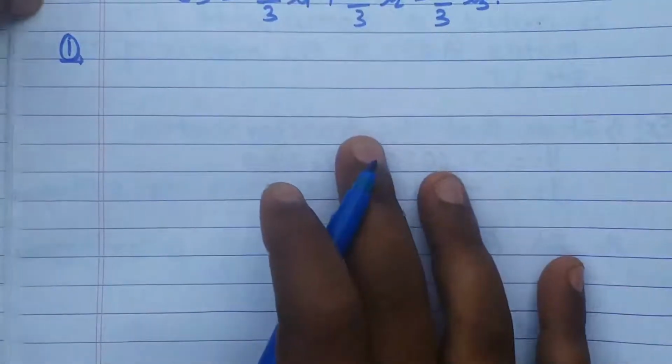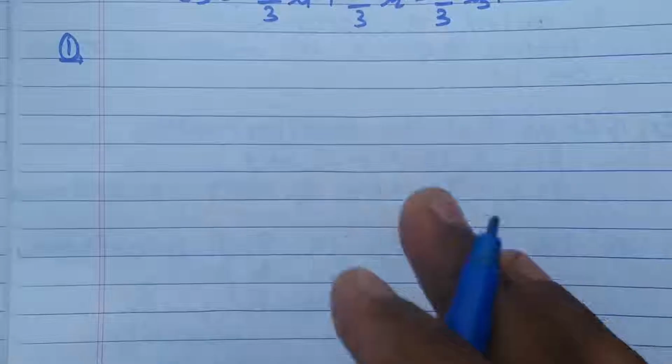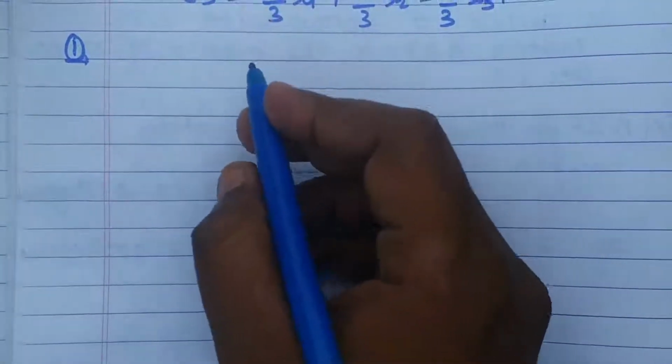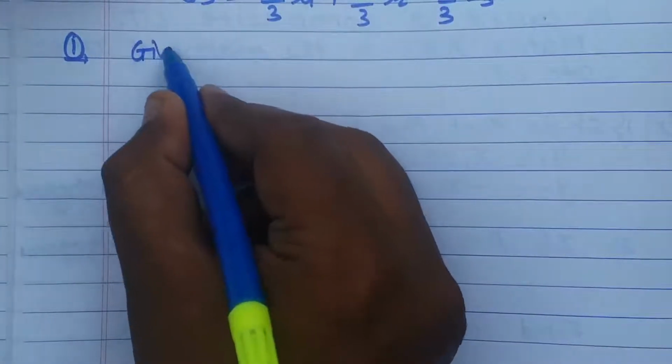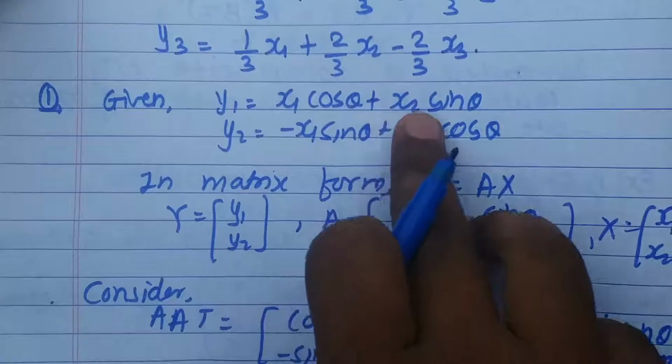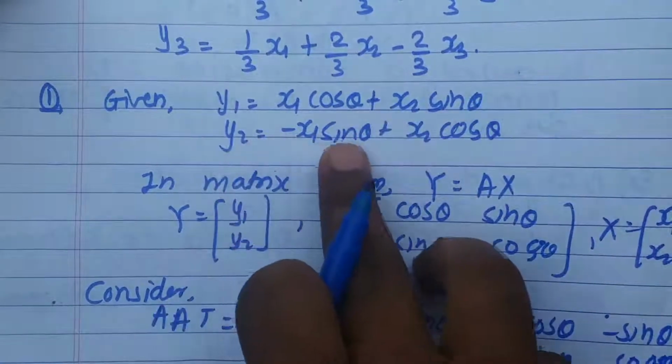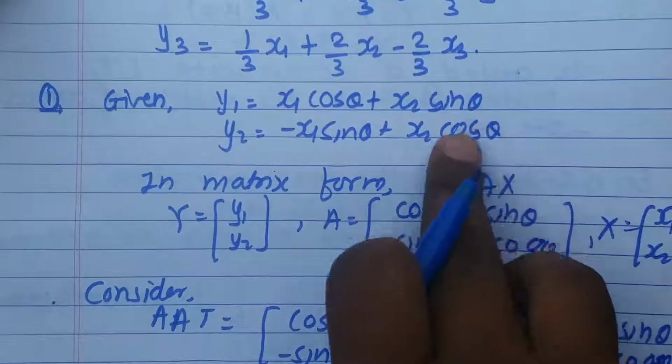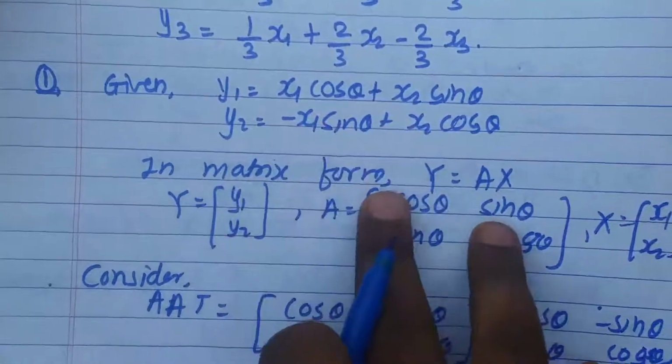The examples based on linear transformations we are going to do in the coming lecture. So this is the given linear transformation: y1 equal to x1 cos theta plus x2 sin theta, y2 equal to minus x1 sin theta plus x2 cos theta. Now we write this in matrix form.